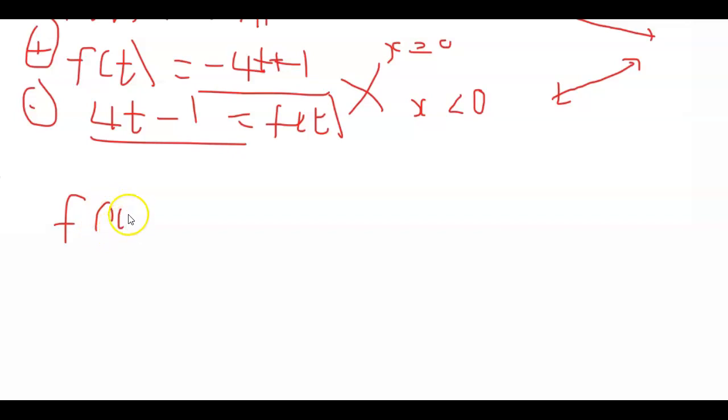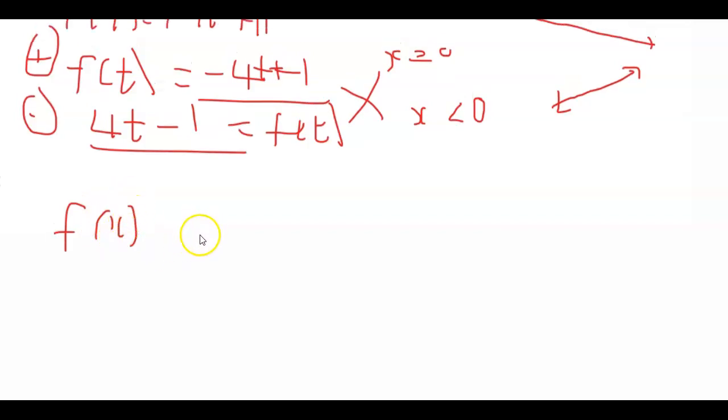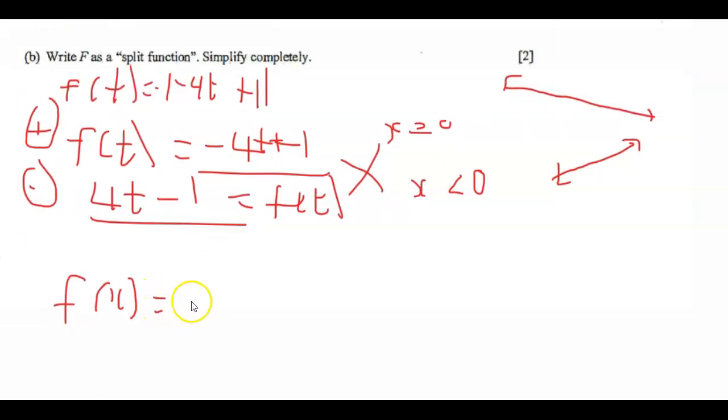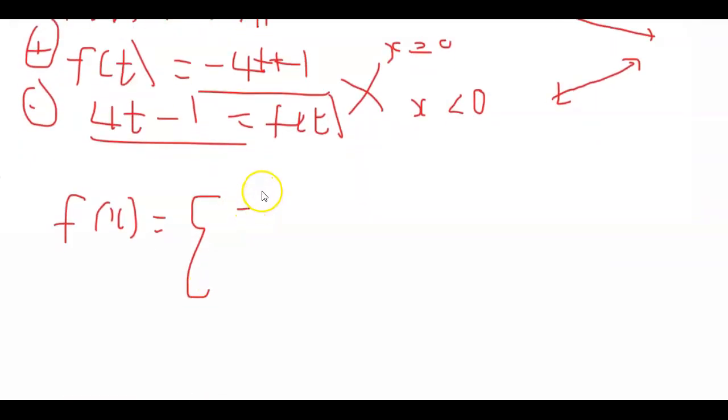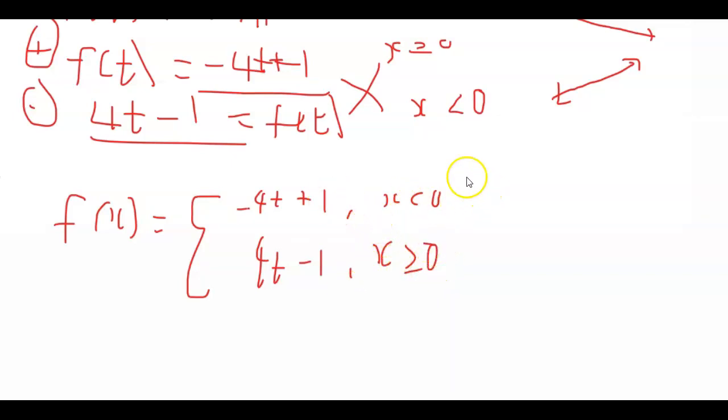We say f of x, because f of x is the whole piecewise function, is equal to, open brackets, minus 4t plus 1, and then 4t minus 1. Over here you say x is less than 0 because it's negative, and over here x is greater than or equal to 0. So this is your piecewise function, split function.